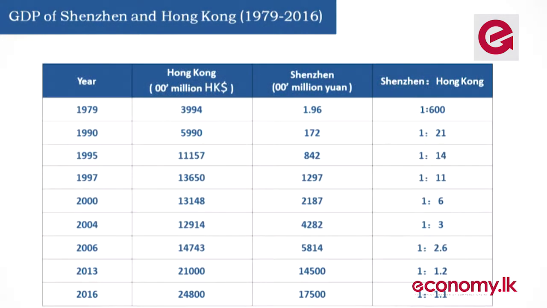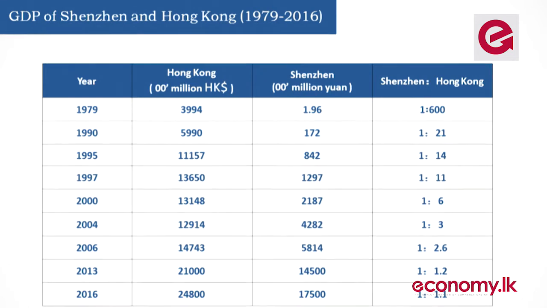We can compare the Shenzhen SEZ with Hong Kong, for example. In the 1980s, the economic scale of Hong Kong was 600 times more than Shenzhen. But Shenzhen caught up after only 30 years.